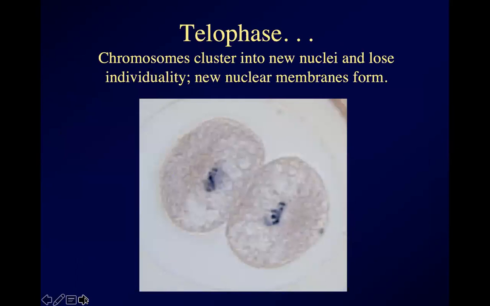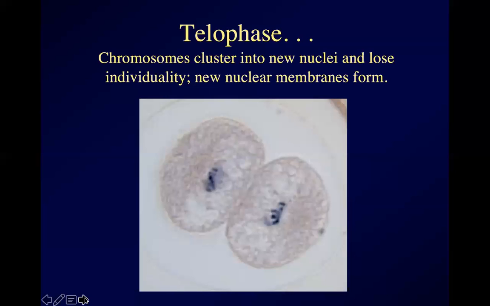And then finally, telophase. Telos happens to be Greek for the goal. Telophase is the phase that was the goal of the whole thing. These separated chromatids now cluster into new nuclei, new nuclear membranes form, and the chromosomes start fading out.